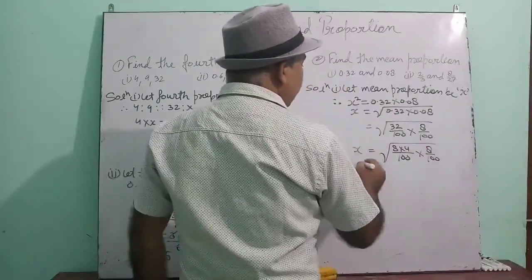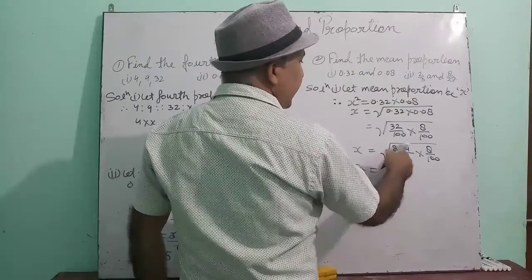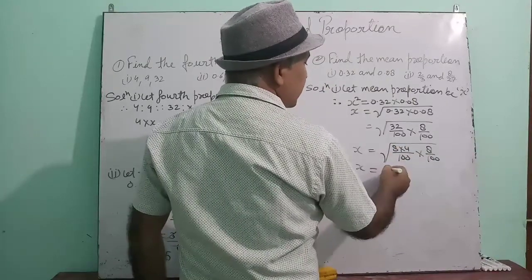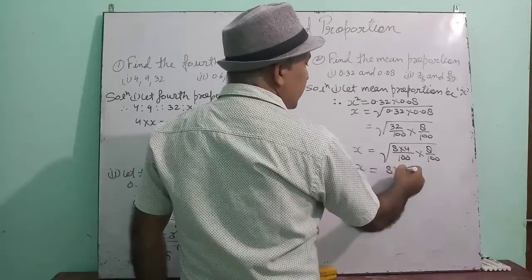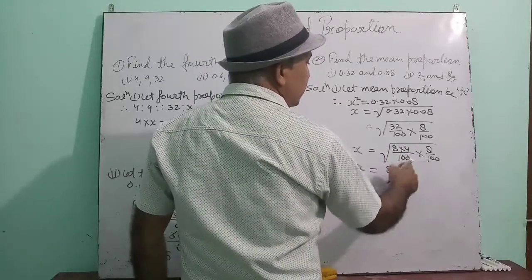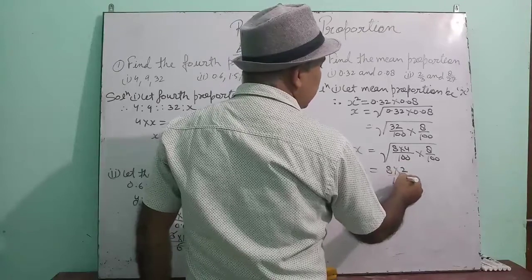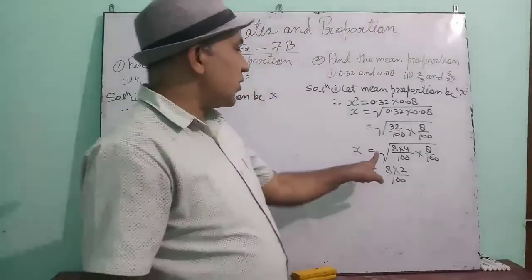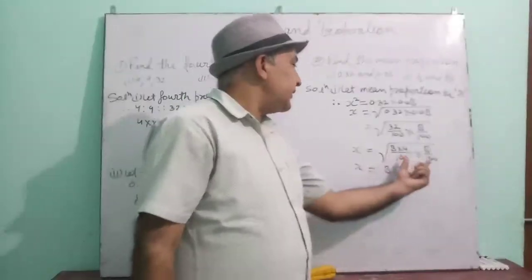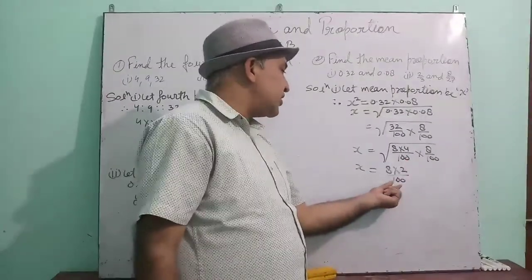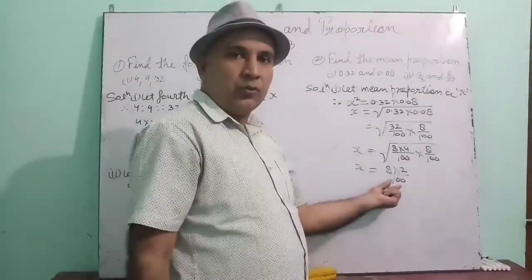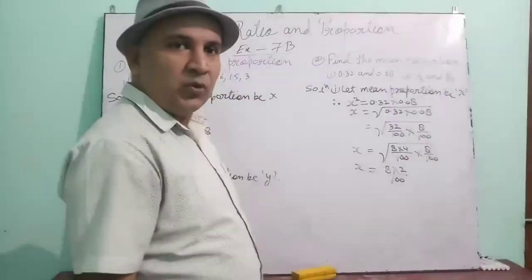Now you can find the value of x. 8 is in the pair, so we can take 8 out. The square root of 4 is 2. 100 is also in pair, so we will take out 100. To solve the square root, we take the numbers in the pair and from the pair one number is taken out of the square root. And so square root is removed.